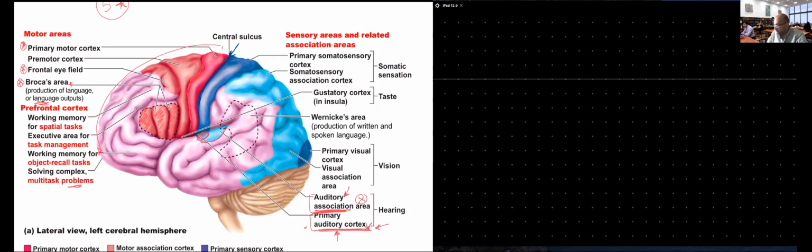Just behind the auditory areas, we've got a large brain area called Wernicke's area. Wernicke's is going to be responsible for the production of written and spoken language. What does this mean?